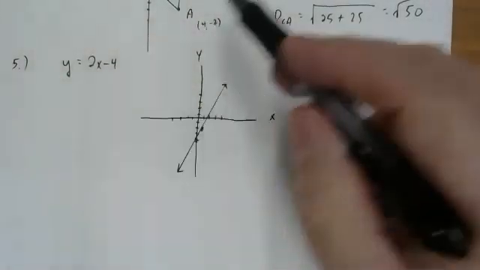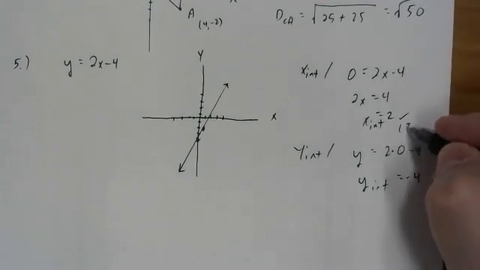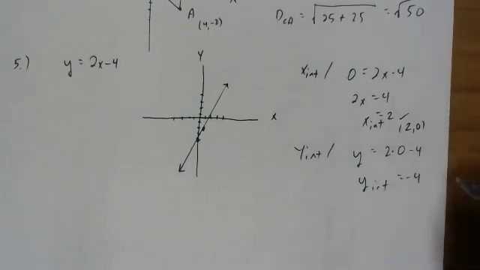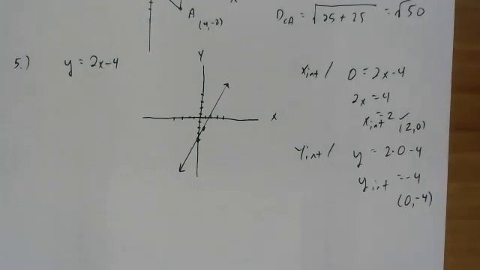Oh, I definitely know the y-intercept is -4. So there you go. Now, if you wanted to write these as points, x-intercept is (2, 0), y-intercept is (0, -4). Either way is fine.